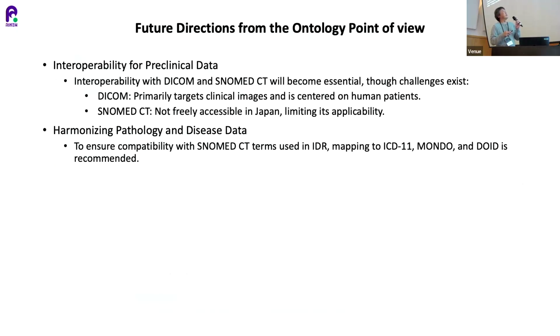In this case, DICOM and SNOMED CT, or other freely accessible disease and pathology ontologies, are necessary. So other than SNOMED CT, we will think about using different, similar ontologies.